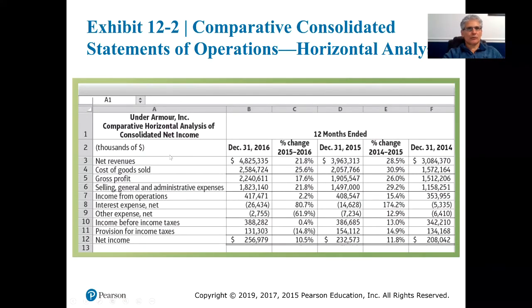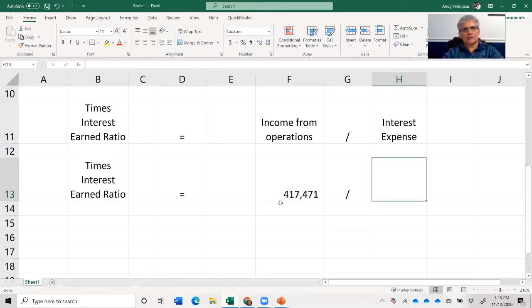Slide number 10 shows the Under Armour Incorporated consolidated net income. And we scroll down to 2016 and look for income from operations. And that represents for 2016, 417,471,000. So we plug in the 417,471.